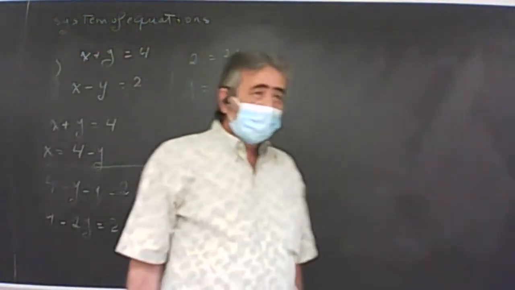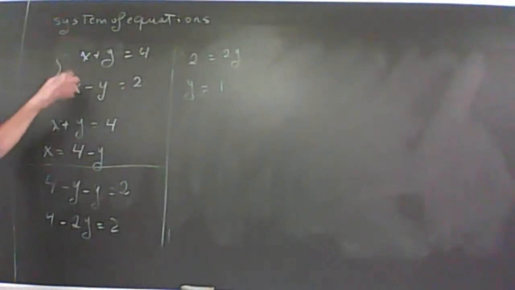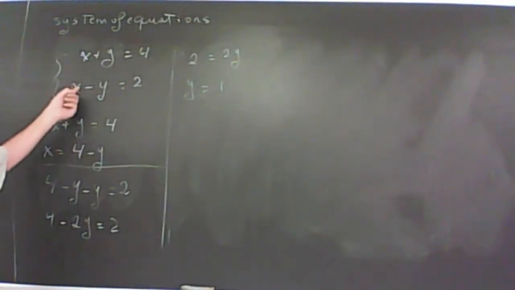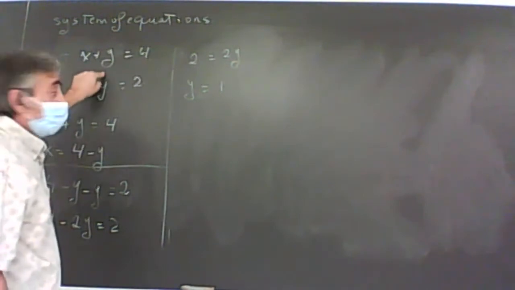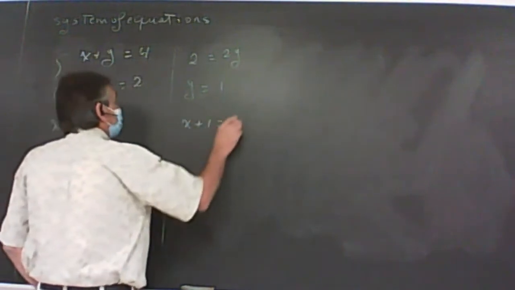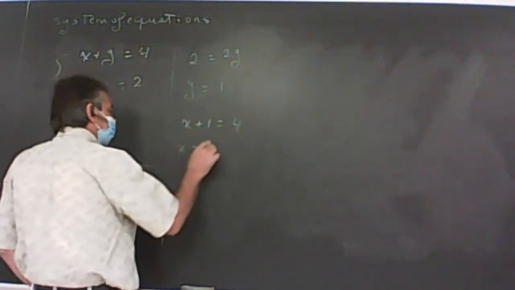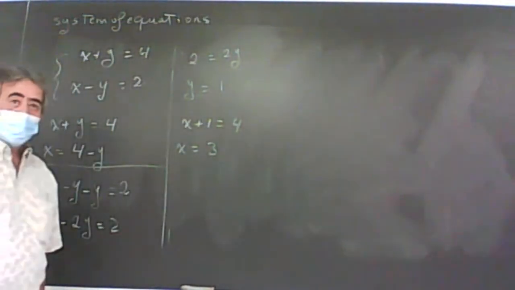To solve for x, again, we're going to go to either one of those. Notice I always go to the original one. Why? Because if I make a mistake over here and I go back over here, my mistake is going to continue with me. So I go back to the original, and I replace y by 1. Then we have x plus 1 equals 4, and x equals 3.